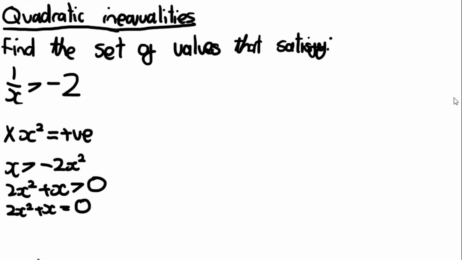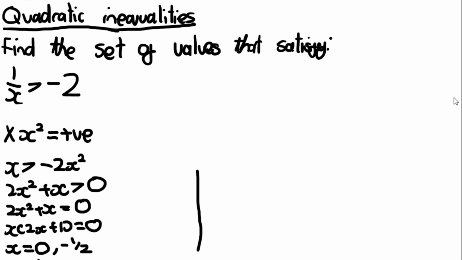Now you could use a calculator, but there's a quicker way to do this in my opinion, which is if you just factorise it really quickly, you'll be able to see that the roots are 0 and minus a half. Now we need to draw a graph.